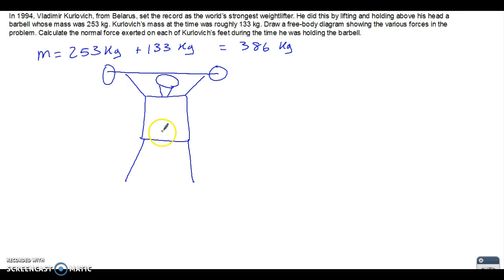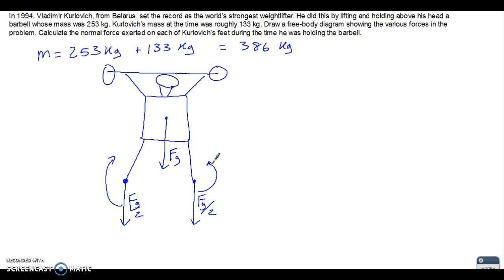Well, we've got a force of gravity pulling down, and that force of gravity is going to be divided into both feet. So both feet have 1/2 the force of gravity. That force of gravity is being divided amongst those two, and so we just flip these up and that becomes the normal force.